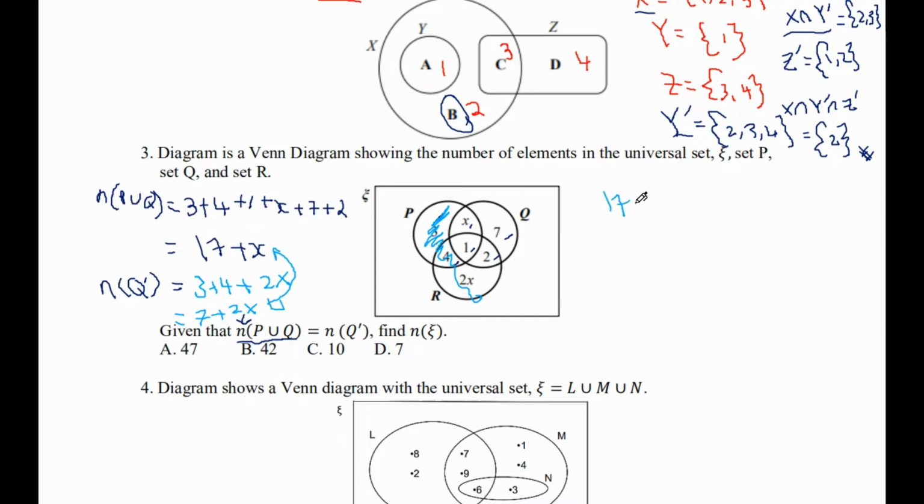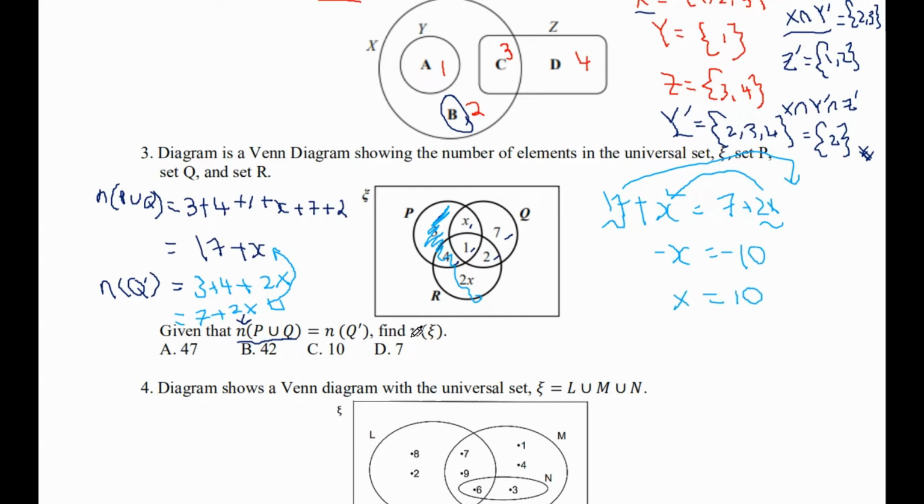So 17 plus x equals 7 plus 2x. We can move 2x to the left hand side, then move 17 to the right hand side. Then you will have x minus 2x, so negative x equals 7 minus 17, negative 10. So x equals 10.